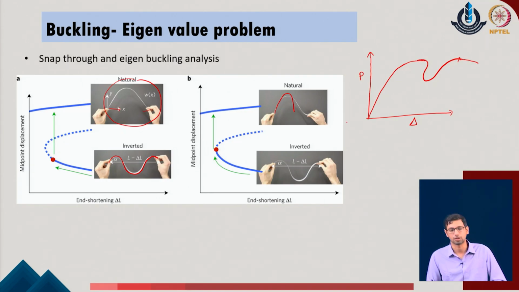This process is called snap through, in which the system moves from one stable configuration to another stable configuration, and we typically model these systems also using the standard buckling problems.